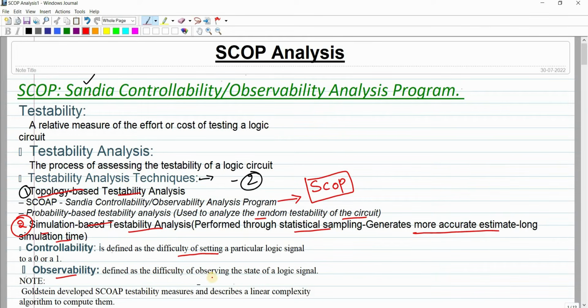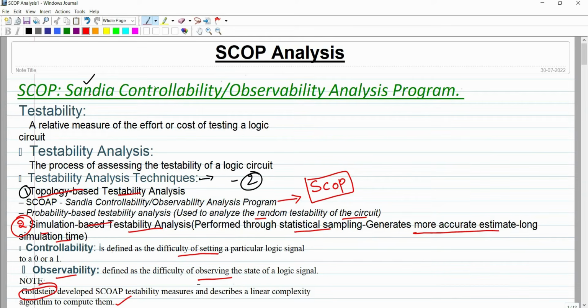It is defined as the difficulty of observing the state of a logic signal. This SCOAP analysis was initially developed by Goldstein. Goldstein developed SCOAP testability measures and describes a linear complexity algorithm to compute them.